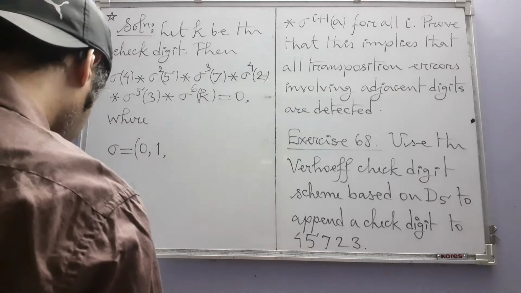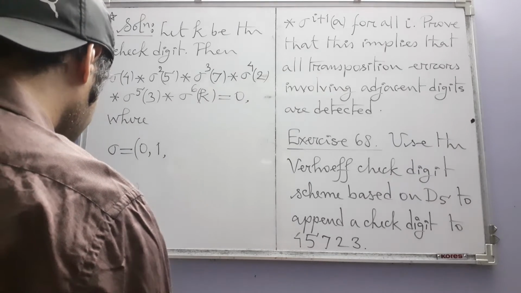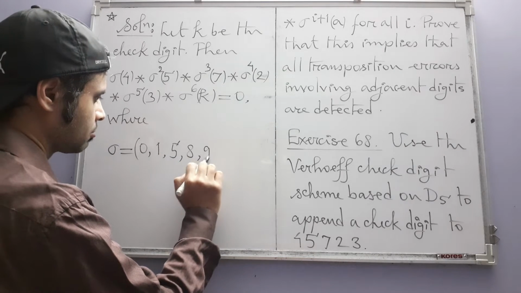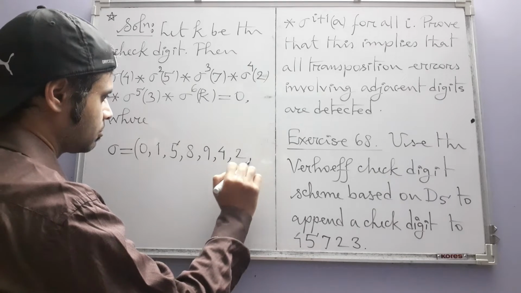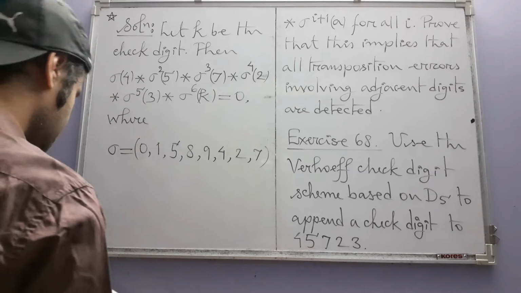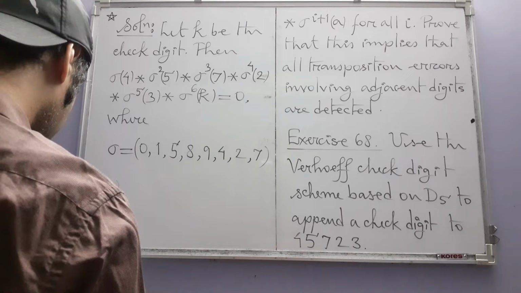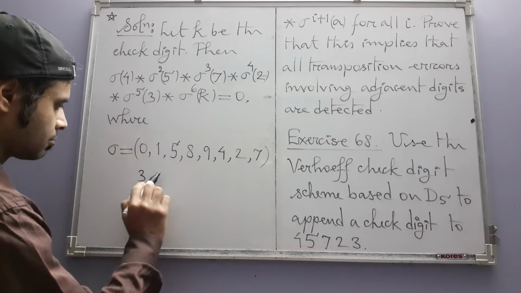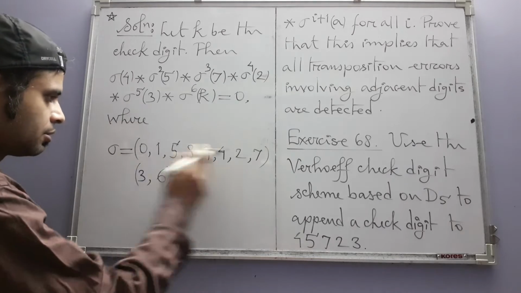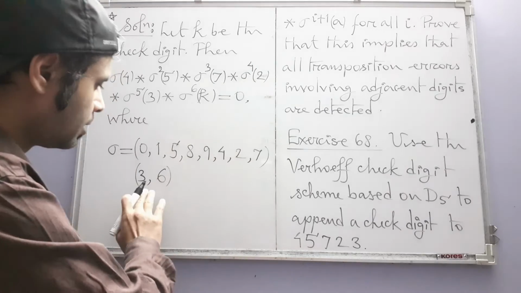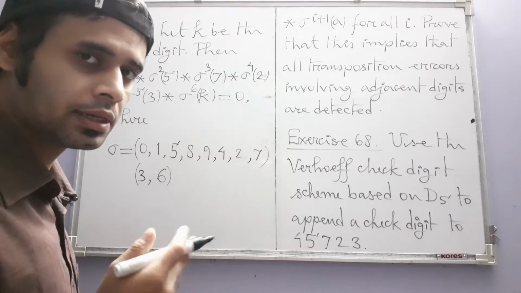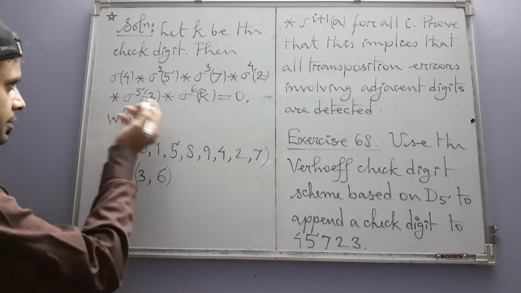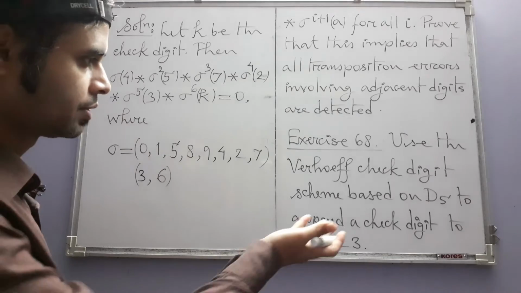Zero 1 5 8 9 4 2 7 times, it's this cycle times 3 6, which the cycles together involve all the digits in the decimal number system, and where star is of course the binary operation in the dihedral group D5.